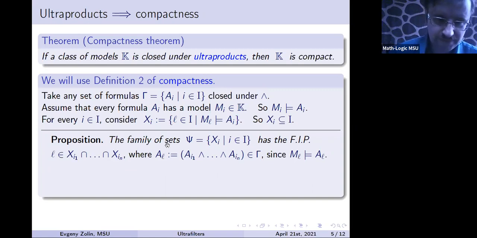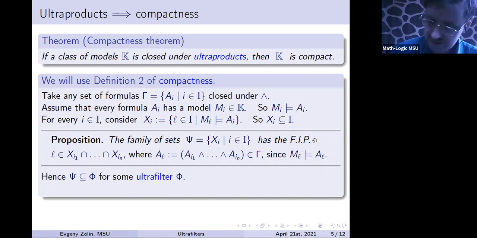Okay, we have verified that this family of sets has the finite intersection property. And then by the standard result, this family of sets is contained in some ultrafilter. And now we are ready to build our big model. We build the ultraproduct of our models MI modulo this ultrafilter phi.